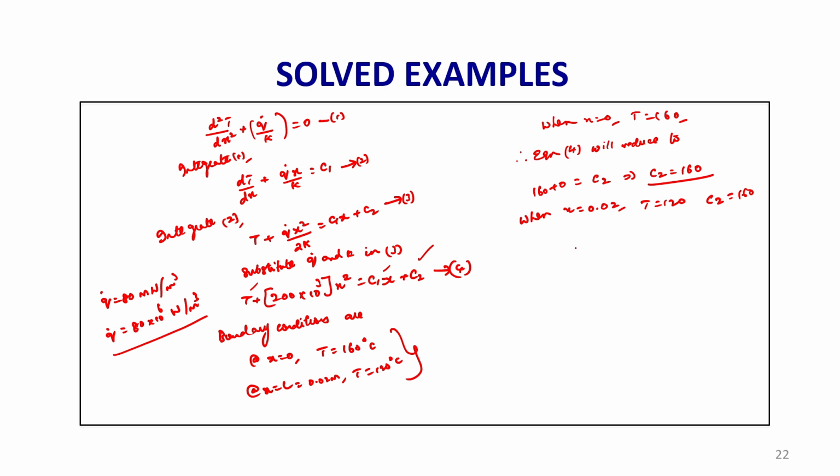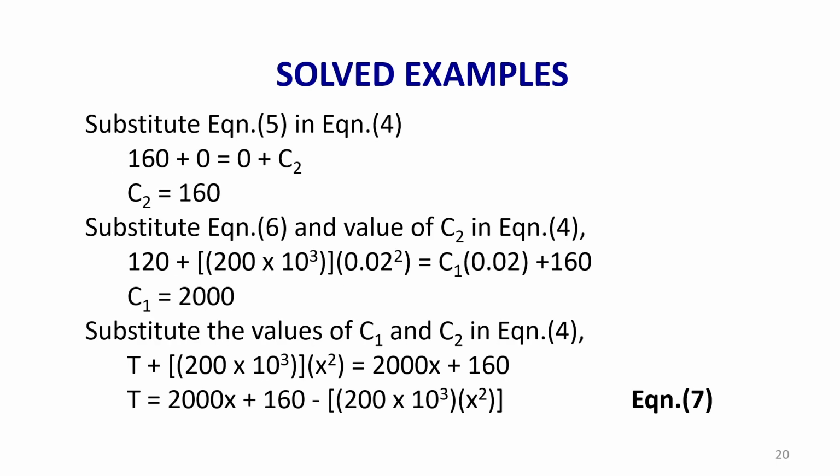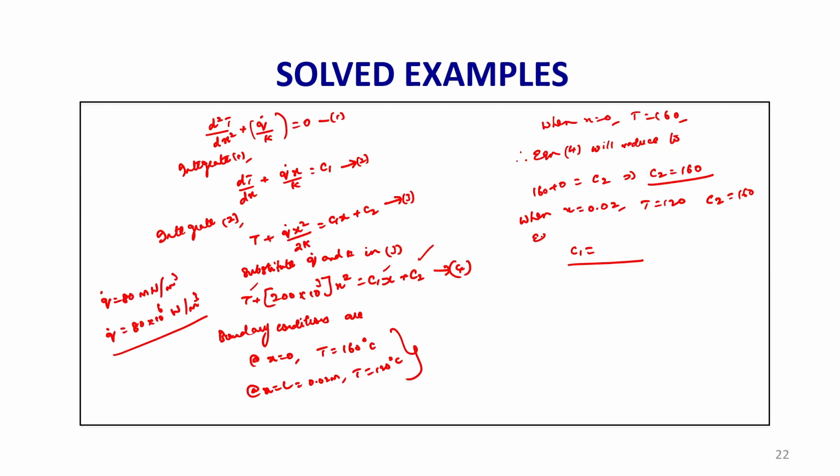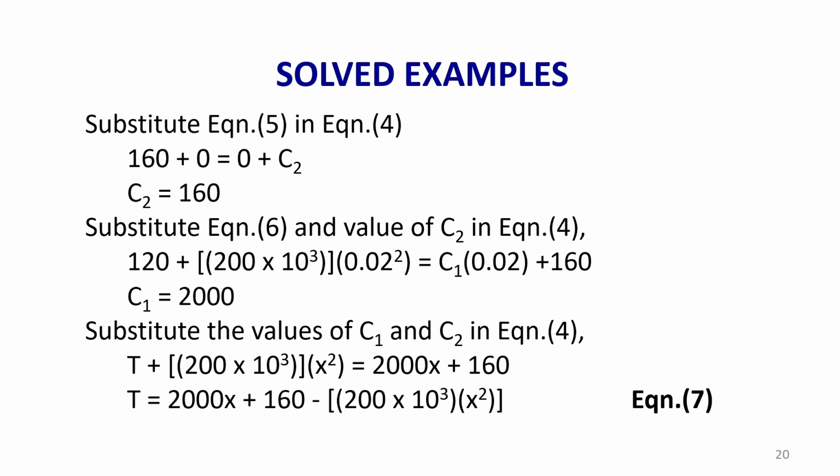We will get the value of C1, the constant one, and the value is 2000. So, now we know C1 and C2. Again take equation number 4 and substitute C1 and C2.